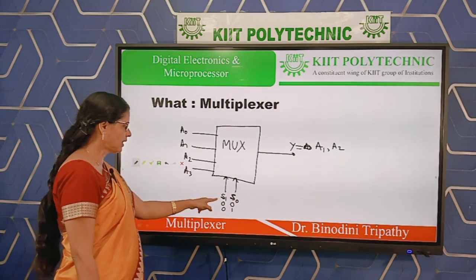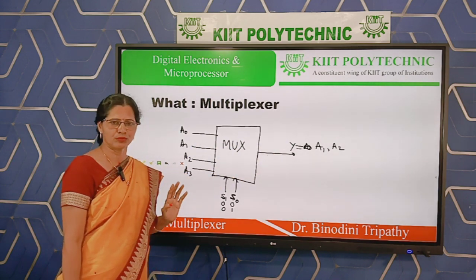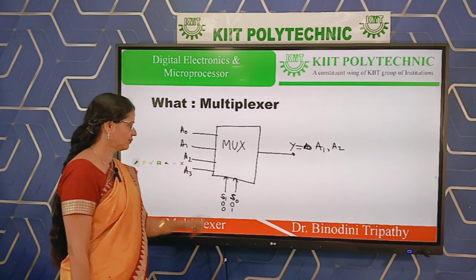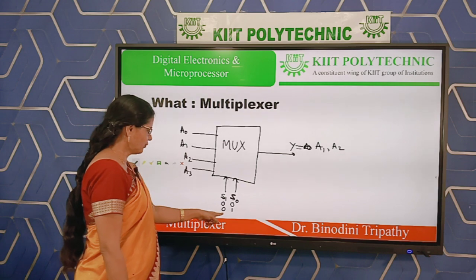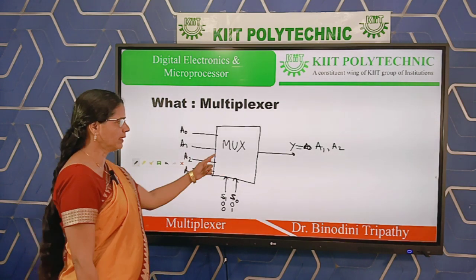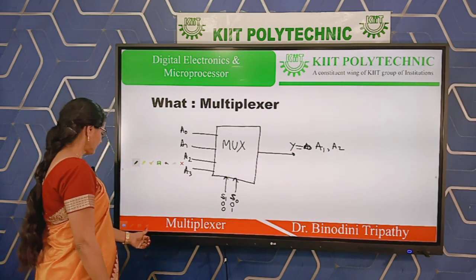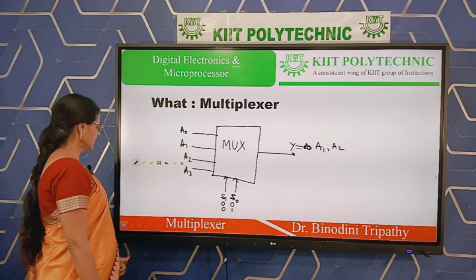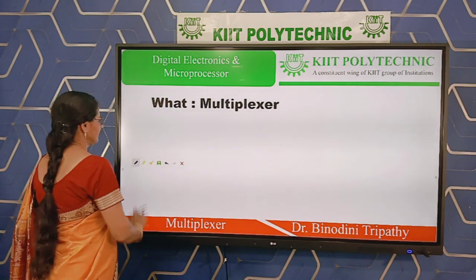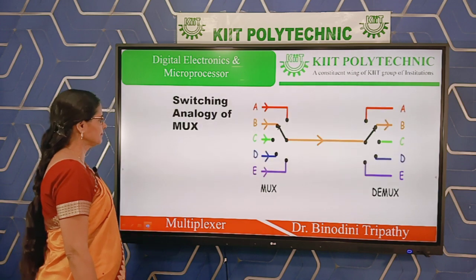The bit value of the selection lines decides which input will be available at the output. So this is the main control. When you put 1 0, then A2 will be selected, like that. We can go through the implementation in detail. This is all about the definition of a multiplexer.